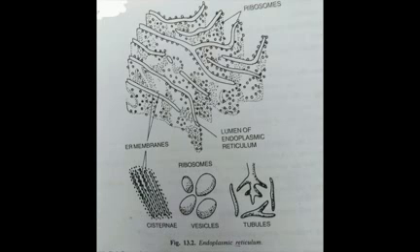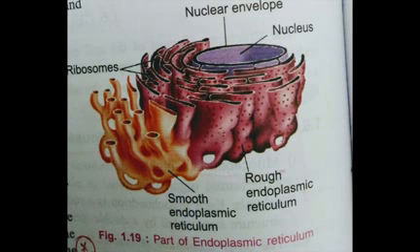And the smooth endoplasmic reticulum helps in the synthesis of lipids and their secretions. Secretion of enzymes and hormones inside the cell or out of the cell is another function of endoplasmic reticulum.